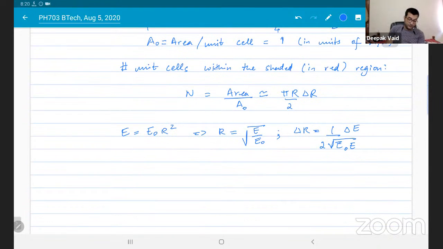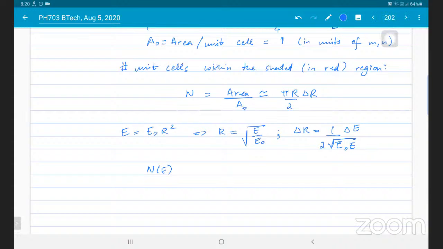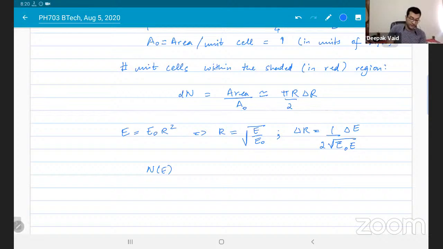Okay, so then this n of E, I should call this dn, because this is a differential number of states. This is a differential, right? This is not the total number of states, it's a differential number of states.